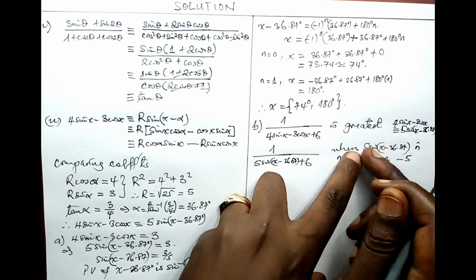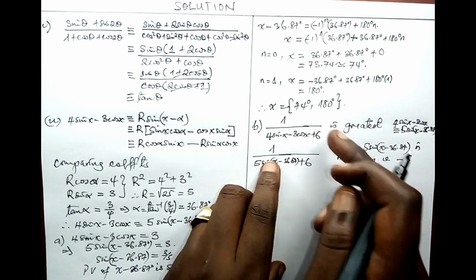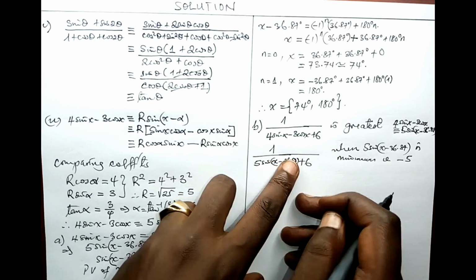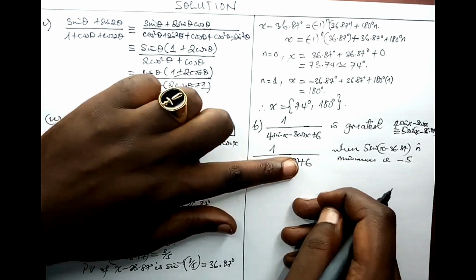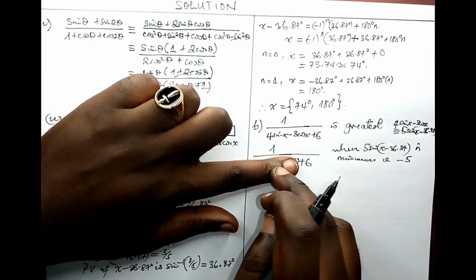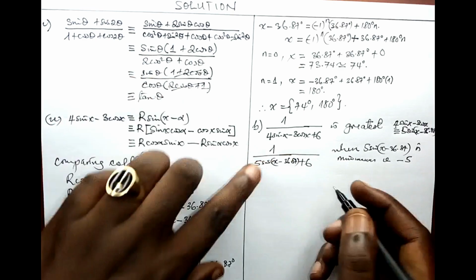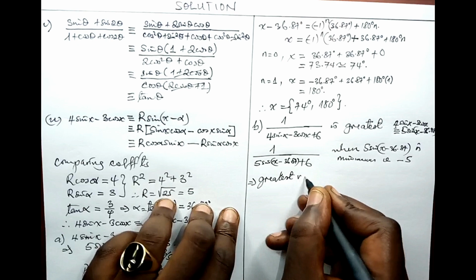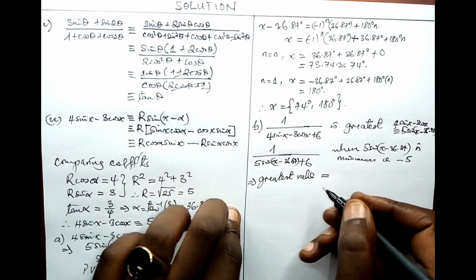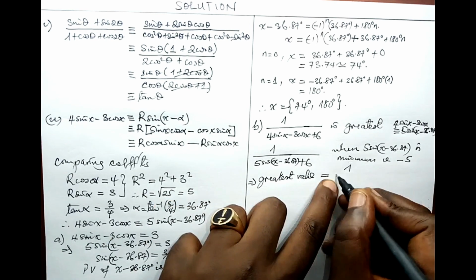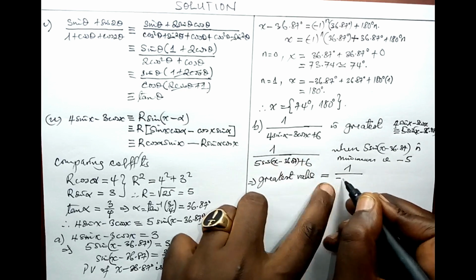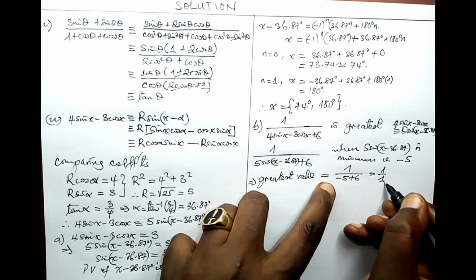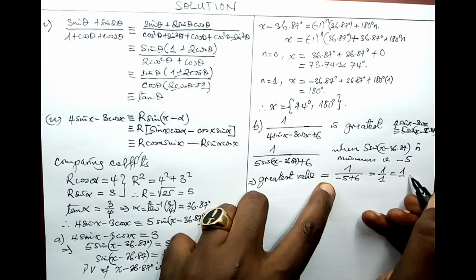That is the minimum value of this part, and it determines the maximum for the whole expression. So if I substitute the barest minimum value, which is negative 5, I will get the maximum value. It follows that the greatest value equals 1 all over the minimum part, which is negative 5, plus the 6, and that gives you 1 over 1, which is 1.